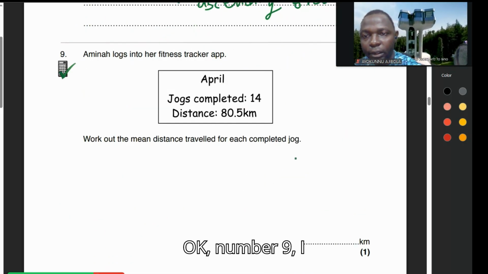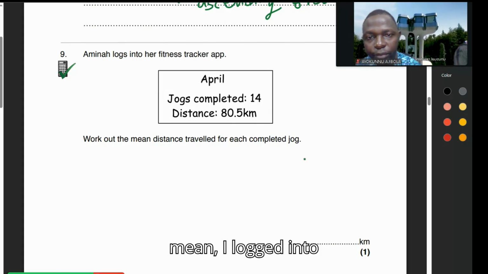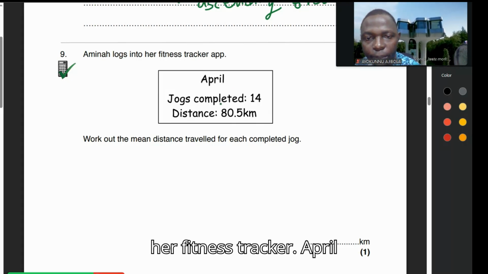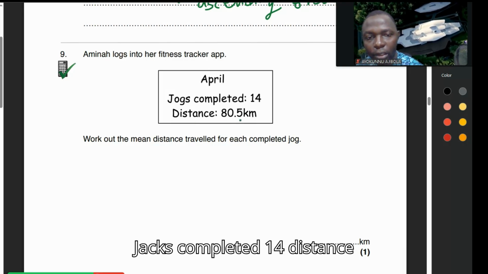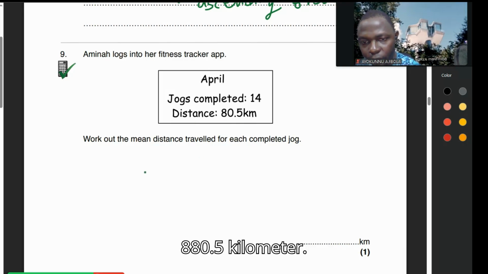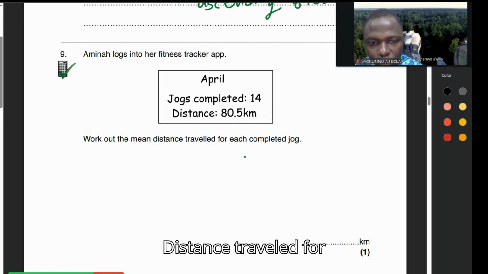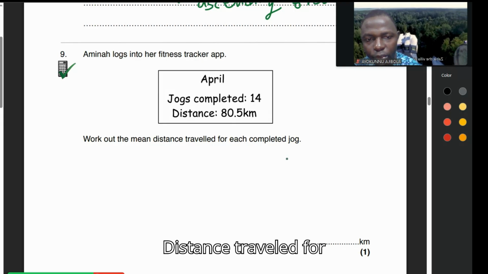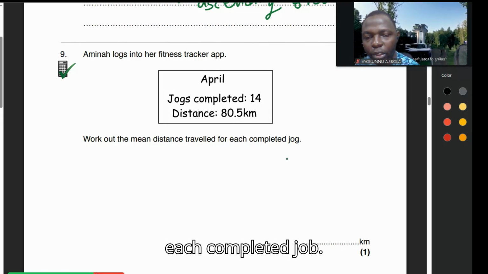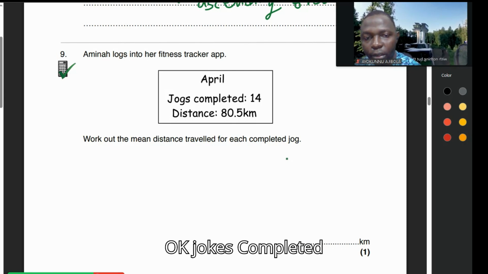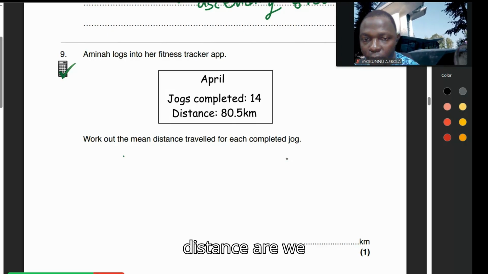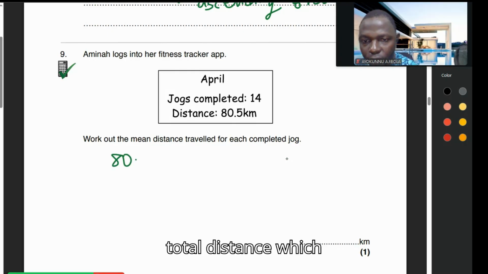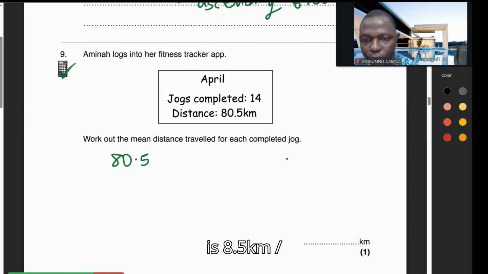Okay, number 9. Amina logs into her fitness tracker app. In April she completed 14 jogs, a distance of 80.5 kilometers. Look at the mean distance traveled for each completed jog. Jogs completed: 14. Total distance is 80.5 kilometers, divided by 14.